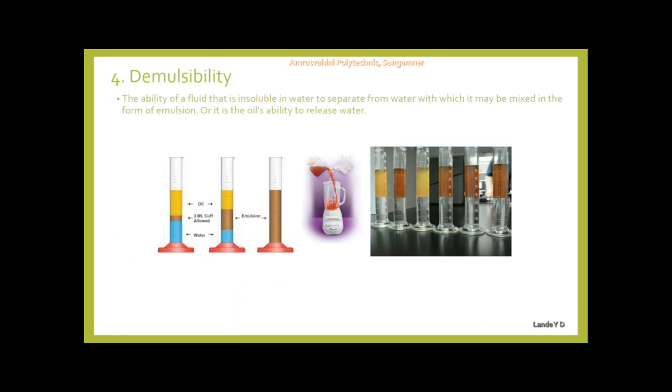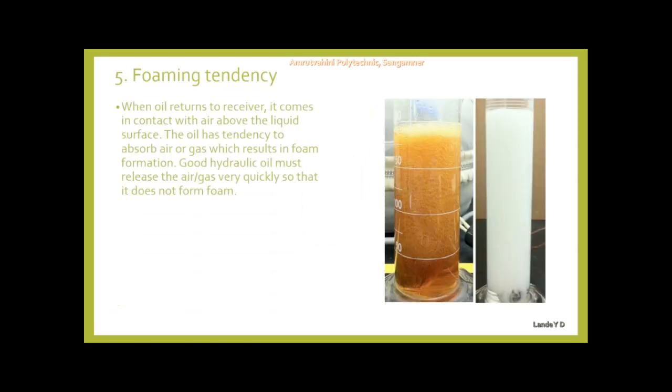4. Demulsibility. It is the ability of a fluid that is insoluble in water to separate from water with which it may be mixed in the form of emulsion. Or it is the oil's ability to release water. 5. Foaming tendency. When oil returns to the receiver, it comes in contact with air above the liquid surface.